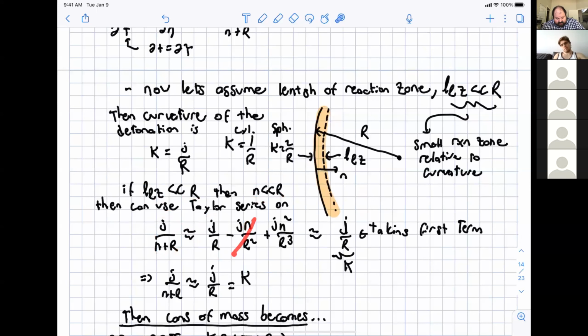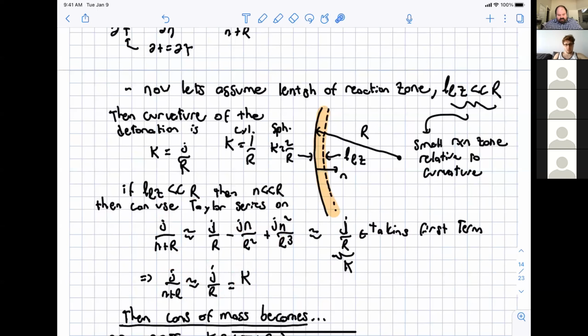If we only take the first term, because we are assuming small n, you get J over R, which is just the curvature. So we can say that J over n plus R is approximately equal to J over R, which is equal to the curvature of our detonation front.